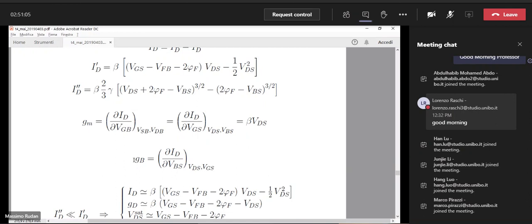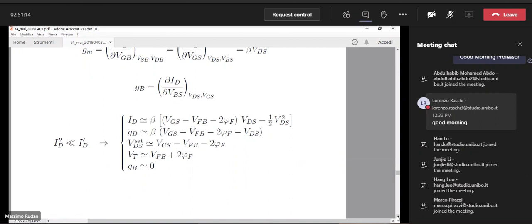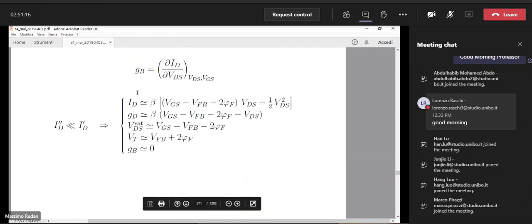In this case, we are left with an expression of the drain current that is the standard linear parabolic model that is used as the elementary model for the circuit analysis.